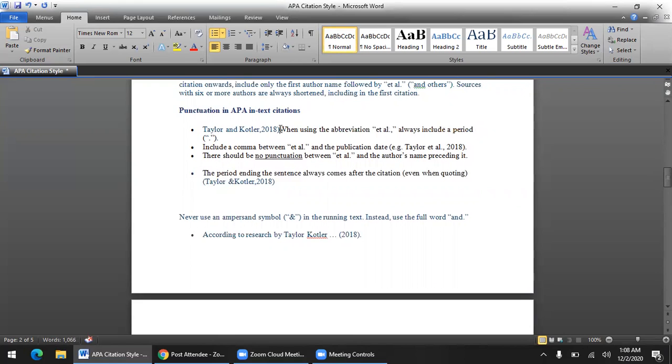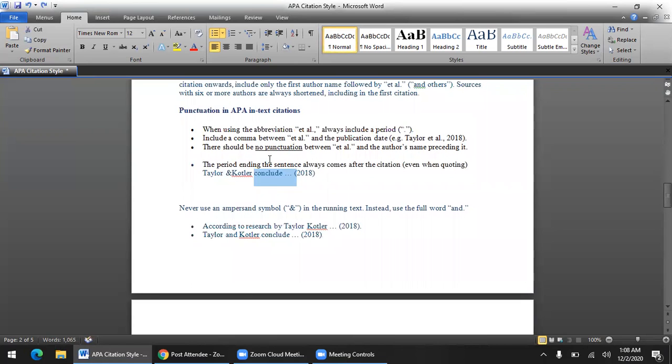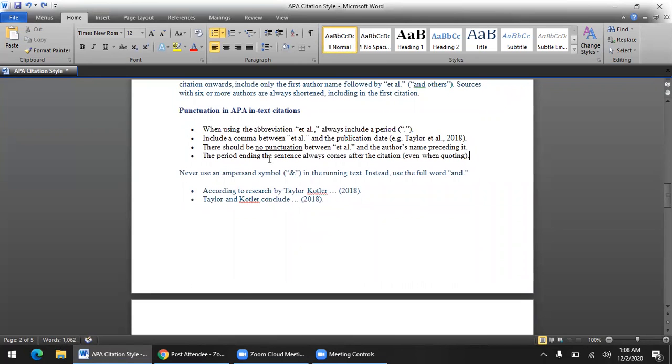Write this in brackets, and remove this comma first. These are the rules of the ampersand and "and". Okay, keep in mind these things. These are very important for your research work.